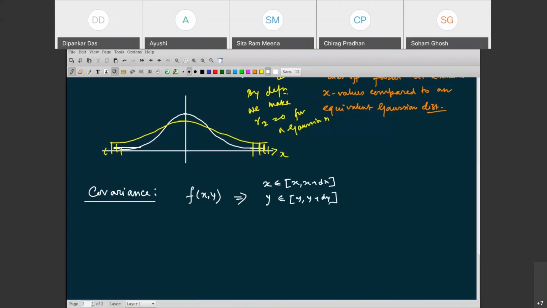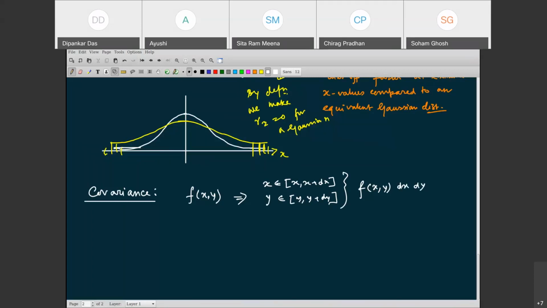Remember, these are simultaneous. So x will be between x and x plus dx and y will be between y and y plus dy. The probability for that, by definition, will be f(x,y) dx dy.